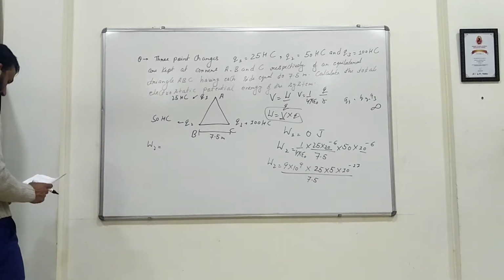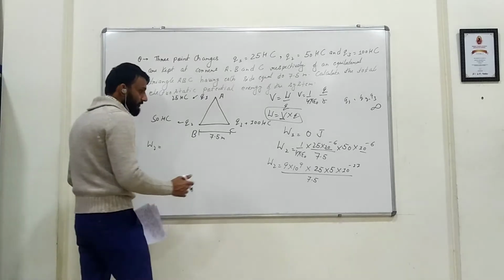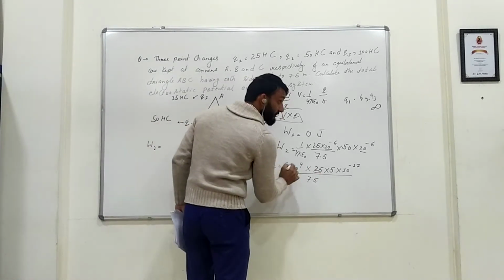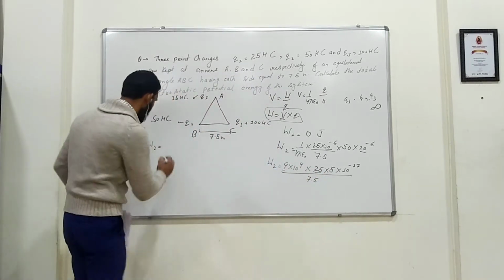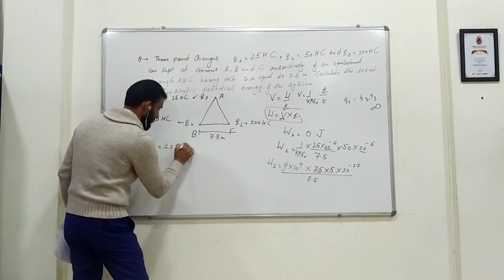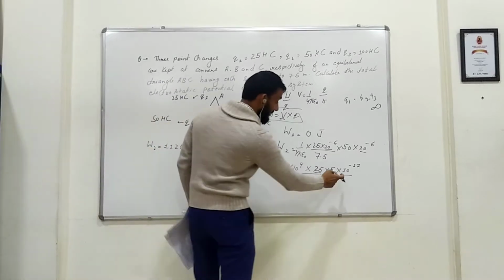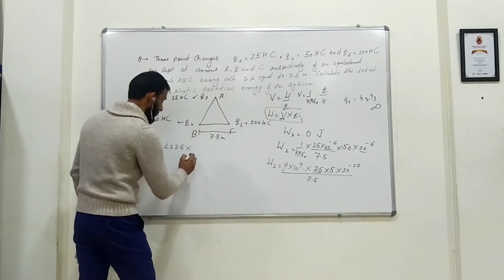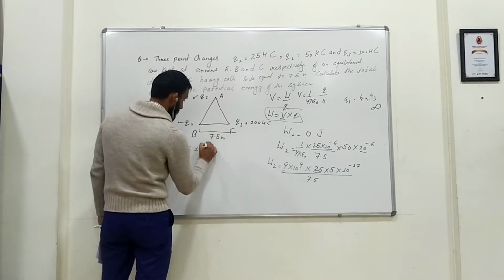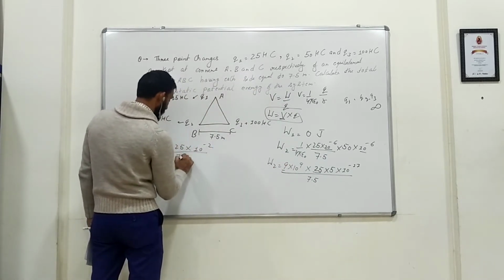So if I multiply 25 into 9, 225, and 225 into 5 is 1125. So this would be 1125 into, now guys pay attention, 10 to the power minus 11, and then 10 to the power 9 gives 10 to the power minus 2, upon 7.5.